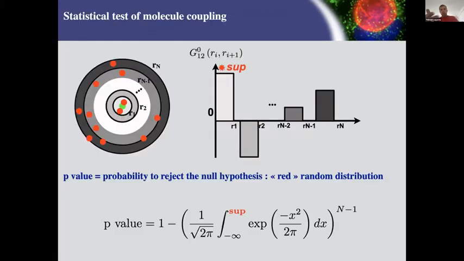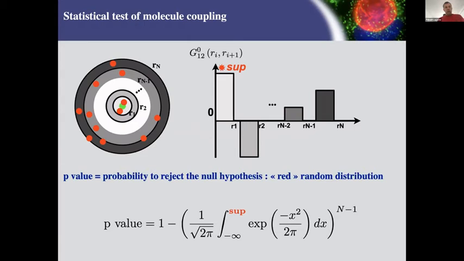So if you look at the maximum value of this vector, you can very easily compute the p-value. There is a formula with the maximum value and N, the number of annulus. So you have a closed formula for the p-value, the probability of observing something by chance.